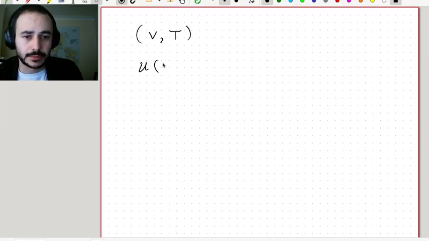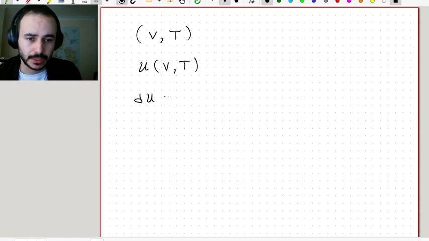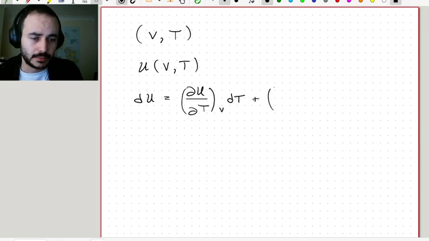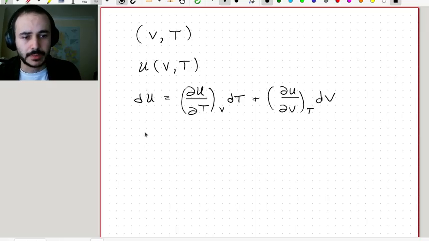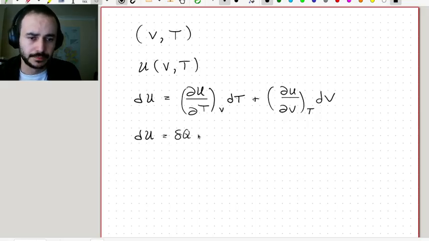What I'm saying is that the internal energy is going to be written like this, and I want to write the differential of internal energy. By the chain rule, this is the partial derivative of u with respect to T at constant volume, dT, plus the partial derivative of u with respect to volume at constant T, dV. But also by the first law of thermodynamics, I can write this as dq plus the work.